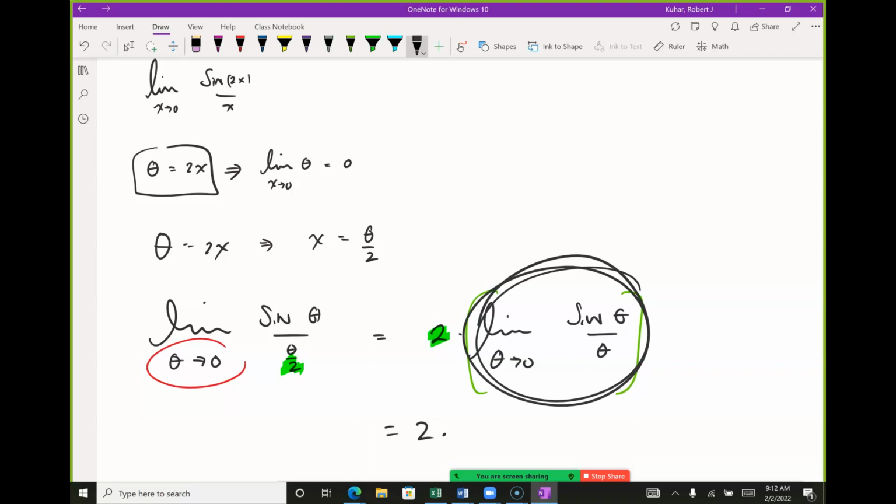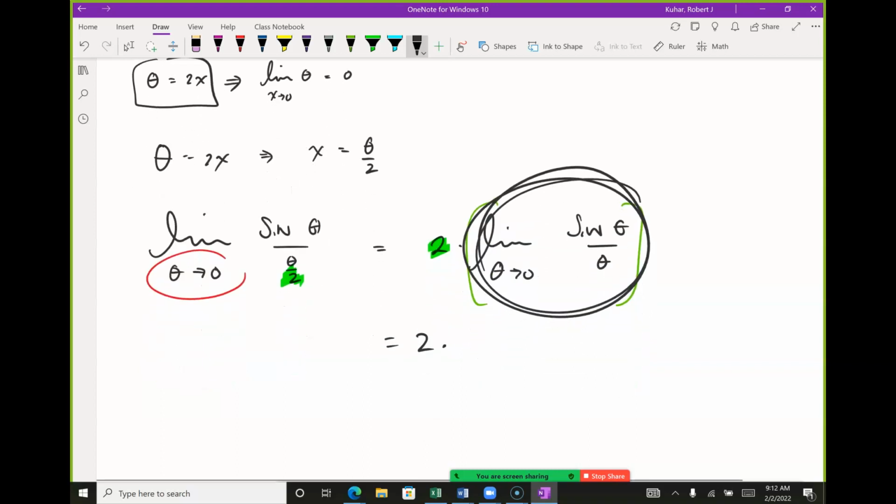What's this limit? Does it matter if I use the letter X or a Greek letter or no? So this is 1, right? So we get an answer of 2.